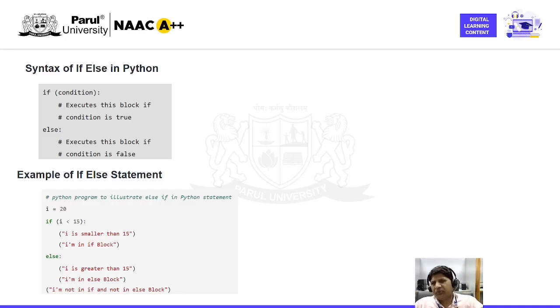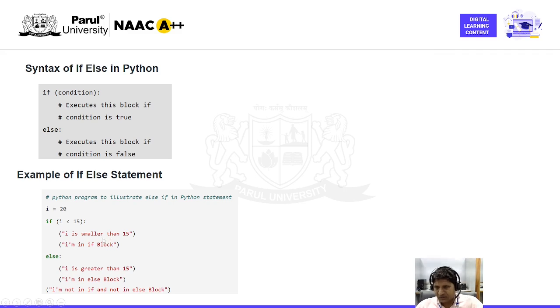Syntax: we write if, then the condition. If the condition generates true, then this if block will be executed. If the condition generates false, then we execute the else block. This block is known as the if block and this block is known as the else block.